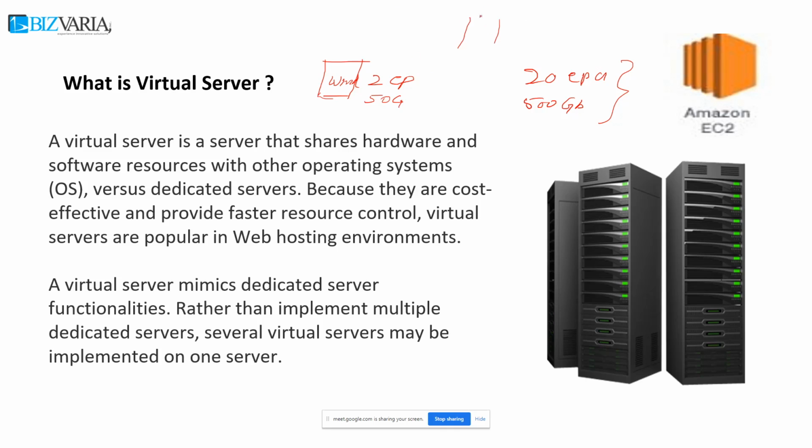This is another server: Fahad wants to install the Linux system. He needs 4 CPUs and 100 gigabytes of RAM. So these are 2 requirements. Fahad needs this much computing capacity, and I need that much computing capacity. There is a software called hypervisor.